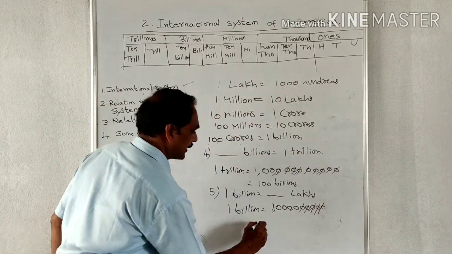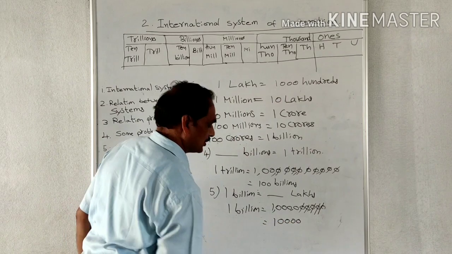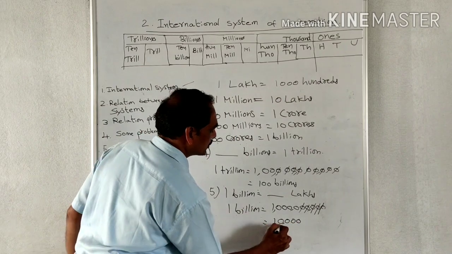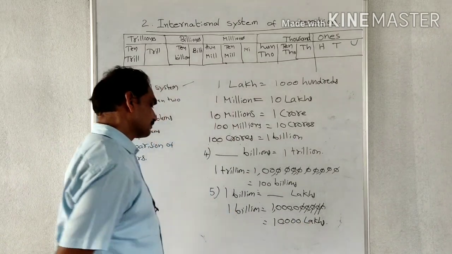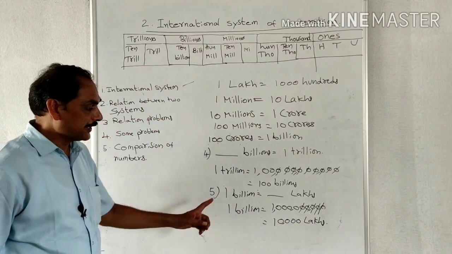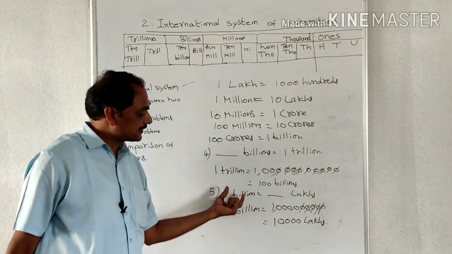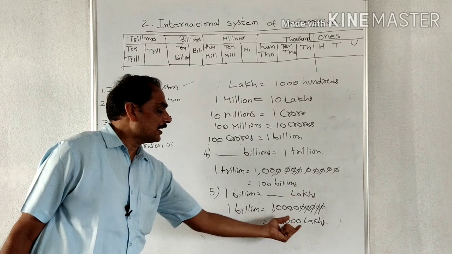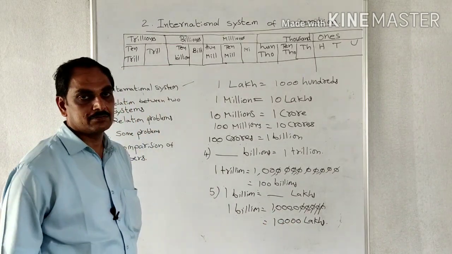So the remaining number is 1 and the remaining 4 zeros. So 1 billion equal to 10,000 lakhs. So this is the problem which is the relation between the international and national or Indian system of numeration.